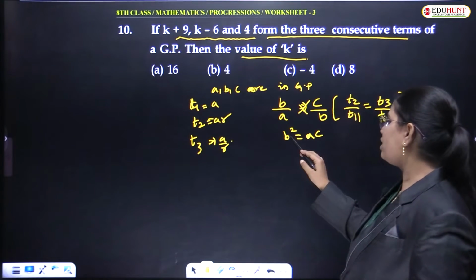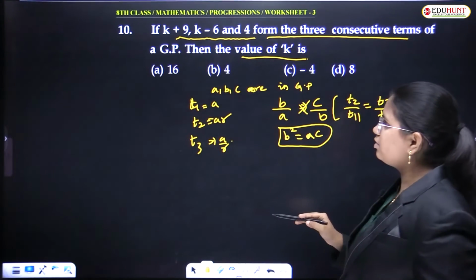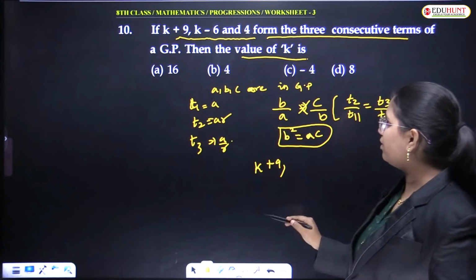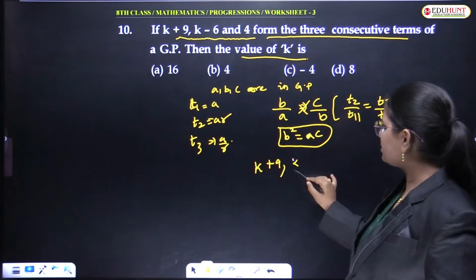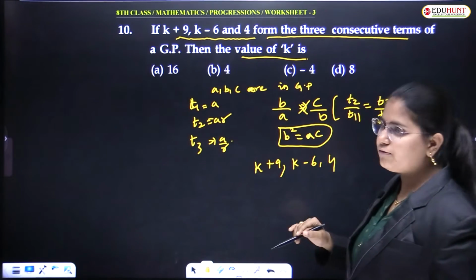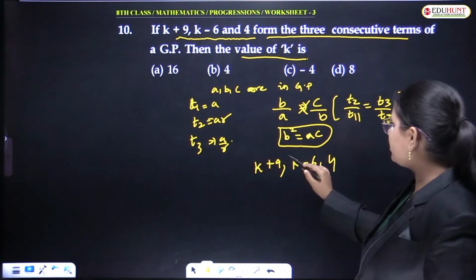So what is B in this particular question? The terms given are k plus 9, k minus 6, and 4, which form the three consecutive terms. I have to take them in order.